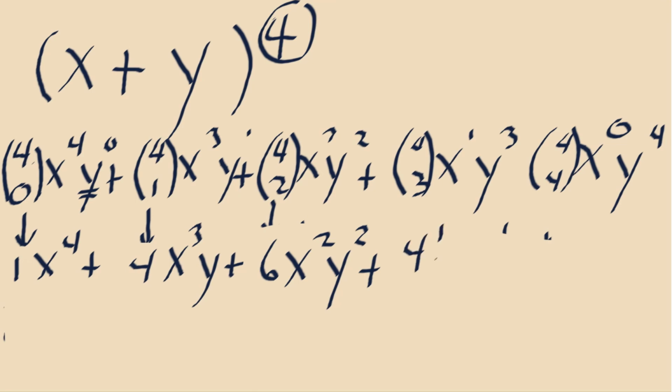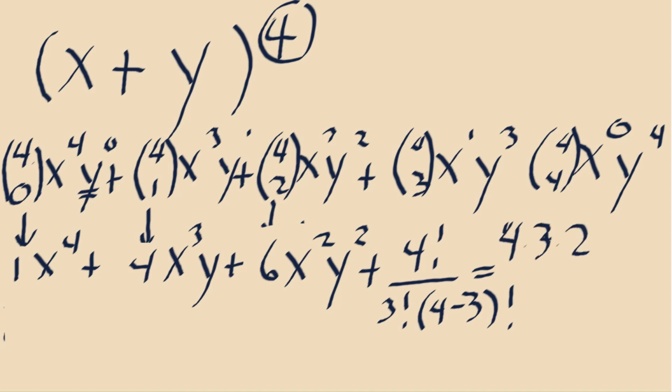Okay, what about combination of 4 taken 3? So that's 4 factorial over 3 factorial times 4 minus 3 factorial, which is 4 times 3 times 2 times 1 over 3 factorial, which is 3 times 2 times 1. Now 4 minus 3 is 1 factorial, which is just 1.